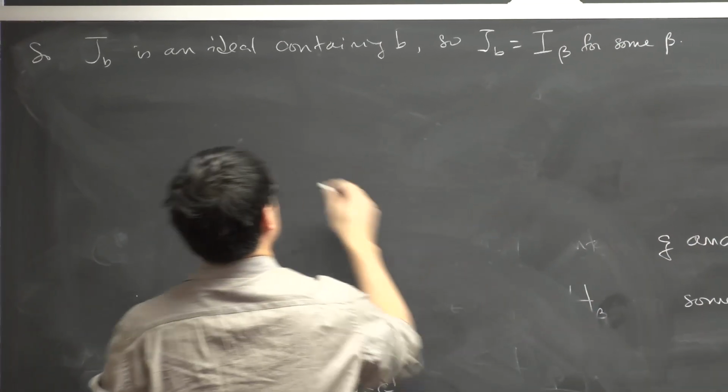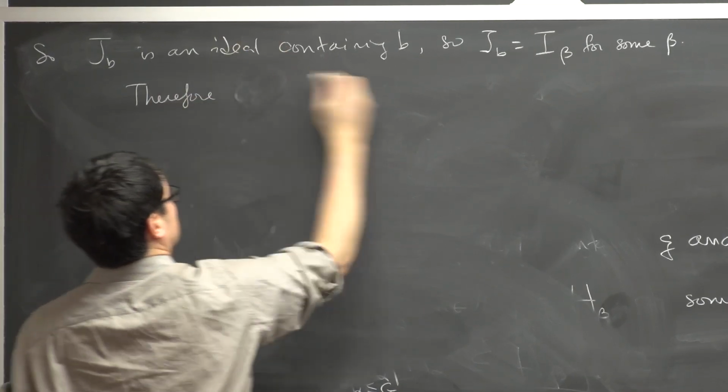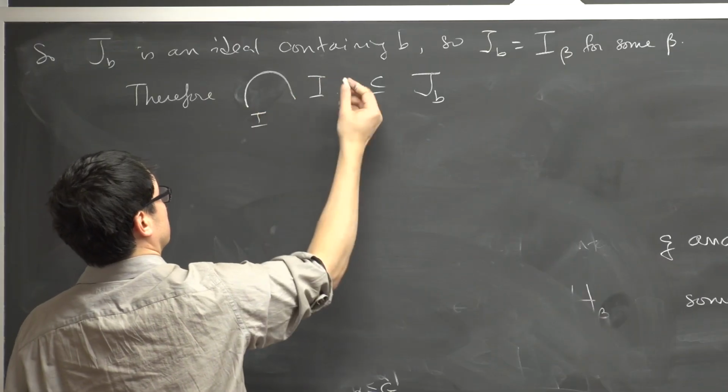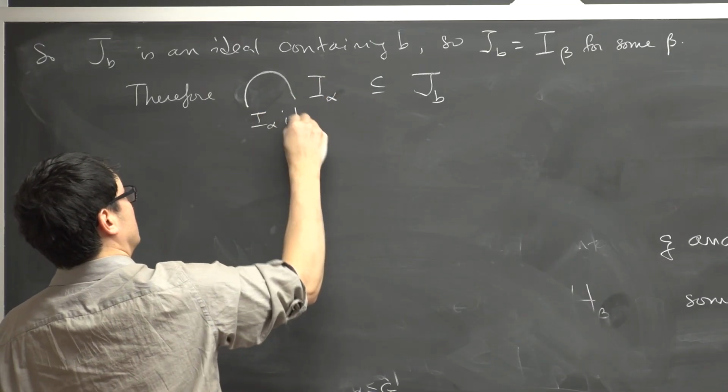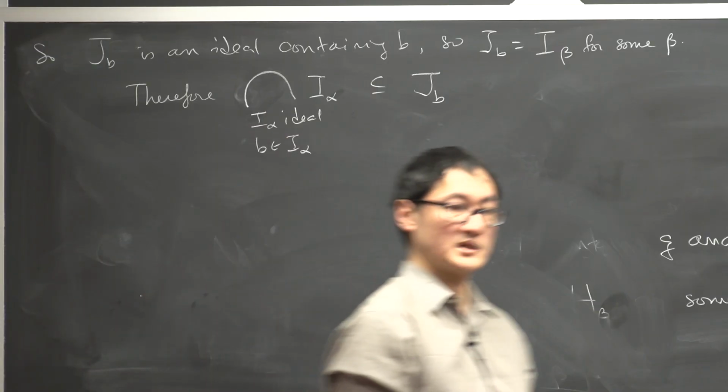So therefore JB contains the intersection of all of these guys. Make sense?